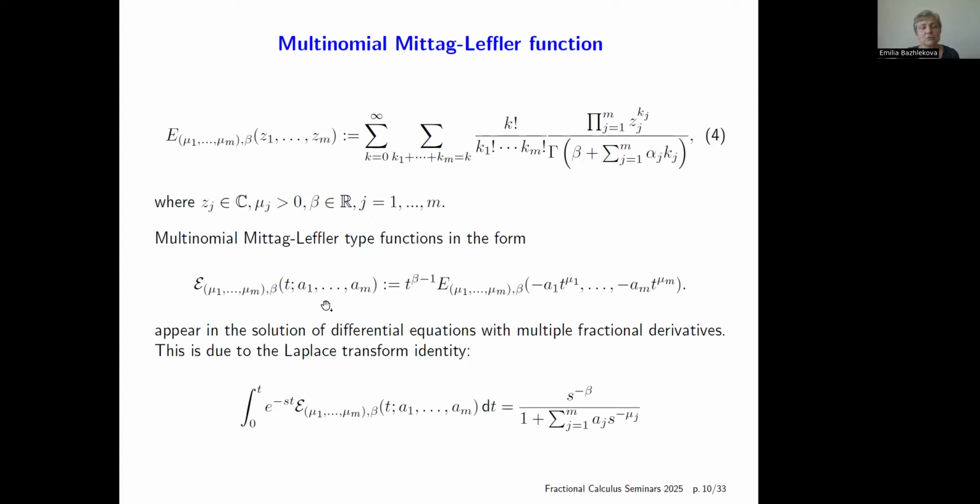We will use this notation for the multinomial Mittag-Leffler type function. This is the function which emerges in applications, and we give its Laplace transform, which is useful.